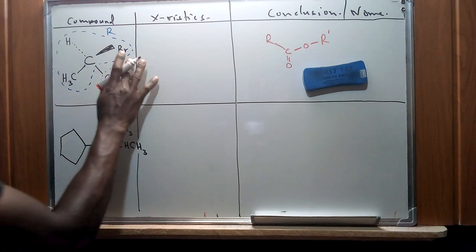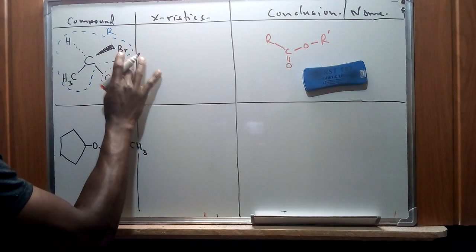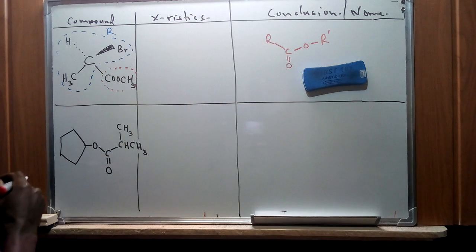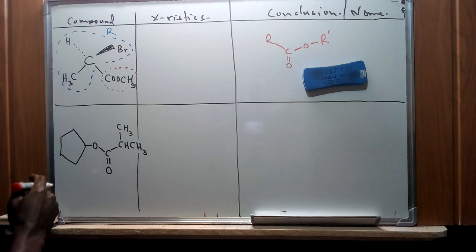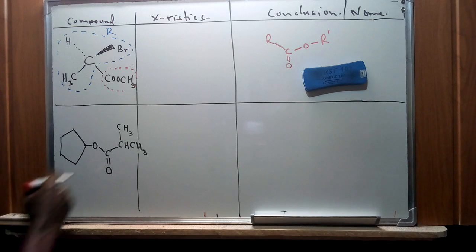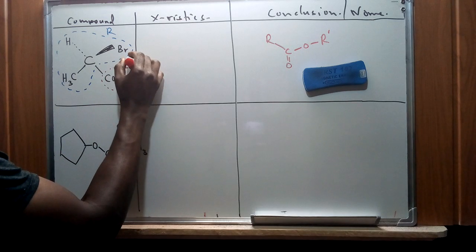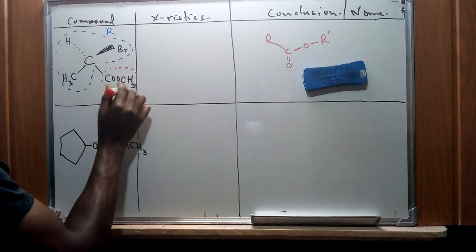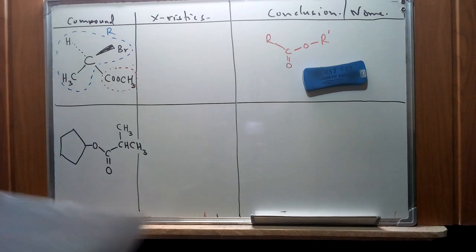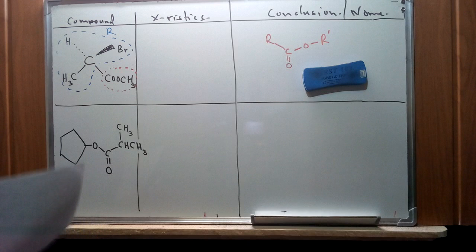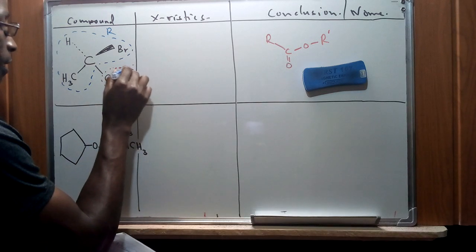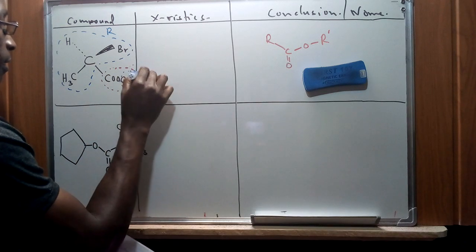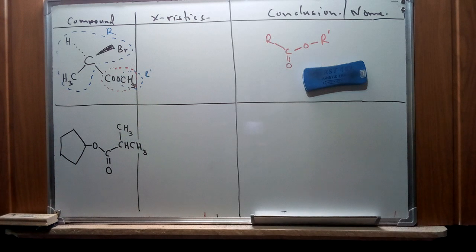All of this forms this functional group. I can designate this one as R prime, the methyl one, using a different color.